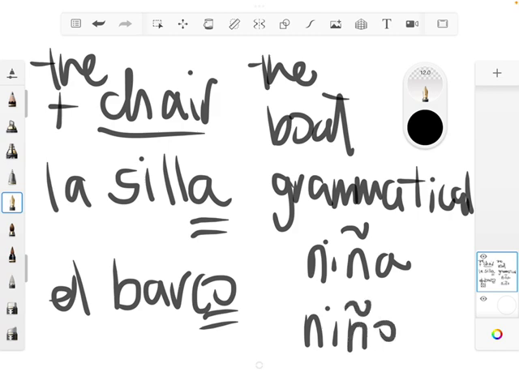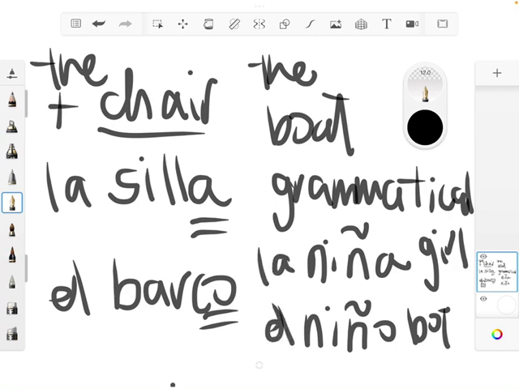Niña means girl, and niño means boy. So this one is going to be feminine, and this is going to be masculine just by the very nature of the noun itself, okay?